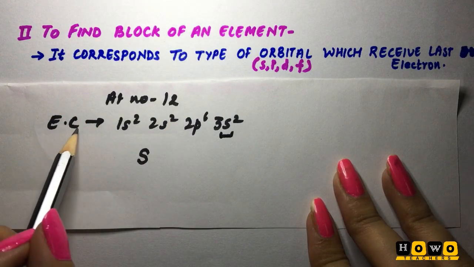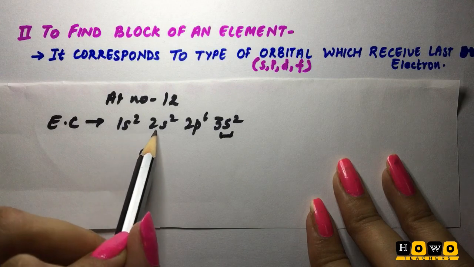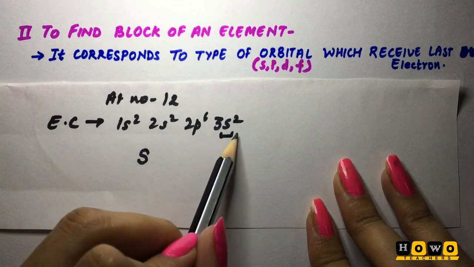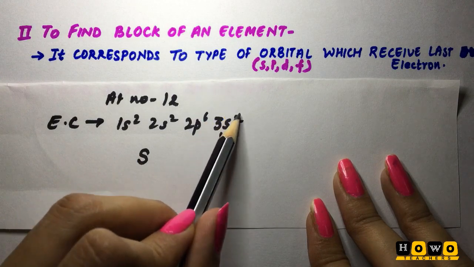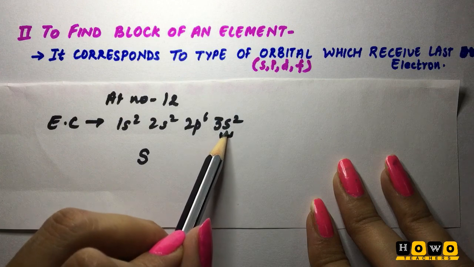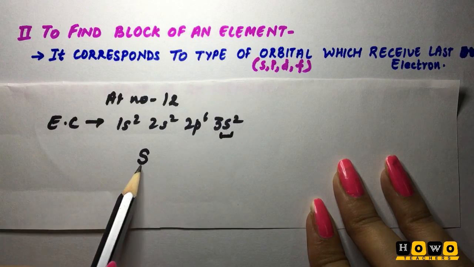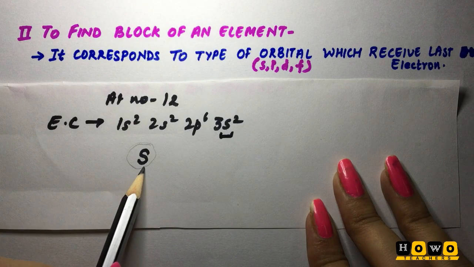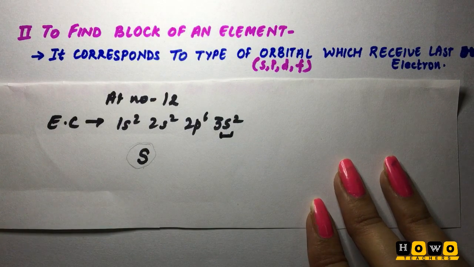The electronic configuration is 1s2, 2s2, 2p6, 3s2. The last electrons are being received by the 3s2, that is, by the s orbital. So its block is s, meaning it belongs to the s block. That is how you have to find it.